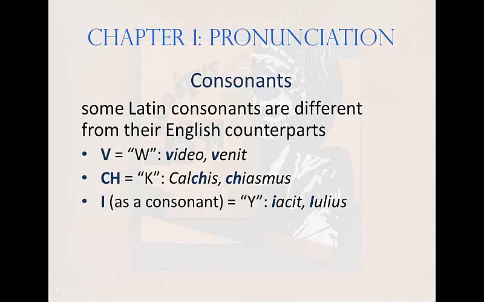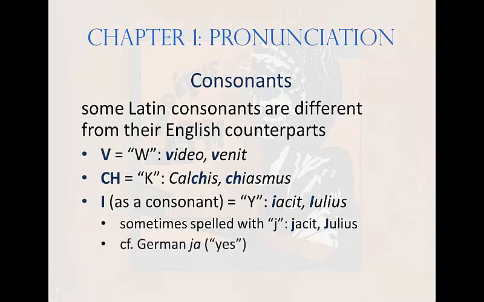To distinguish when I is serving as a vowel or a consonant, sometimes it's written differently, and the consonant form is spelled like our letter J, but it still has the Y sound. This is like German, where J is pronounced with a Y, as in the German word for yes, ja.